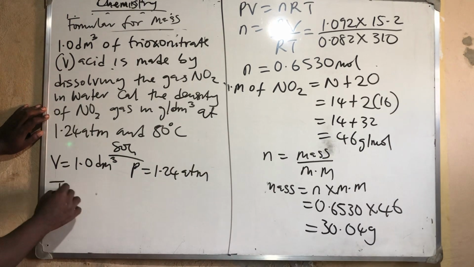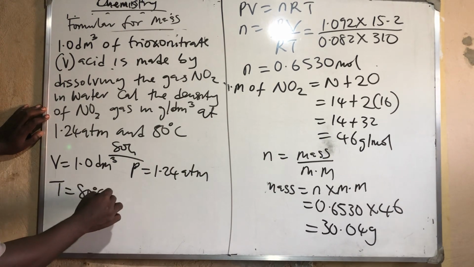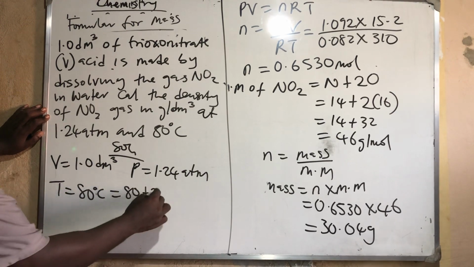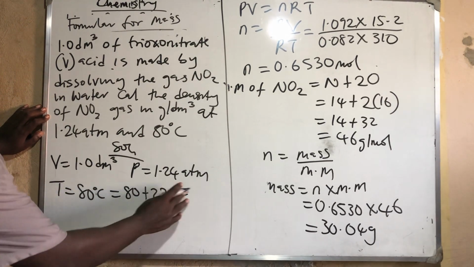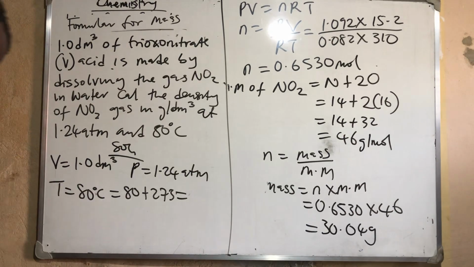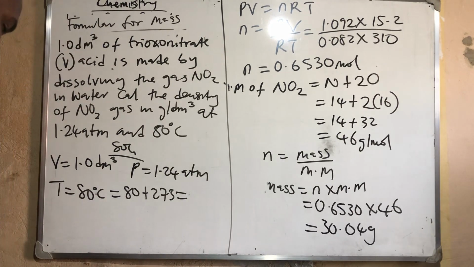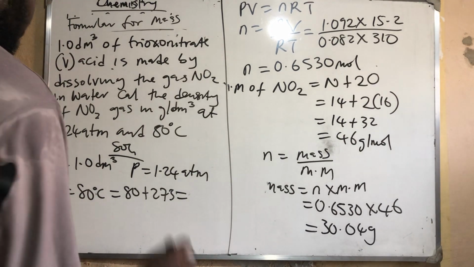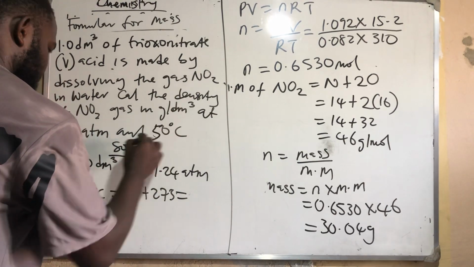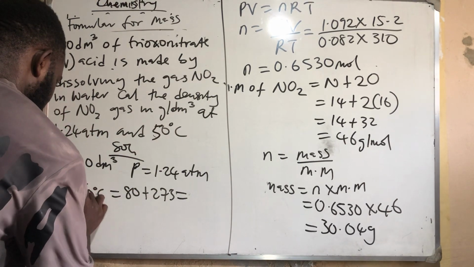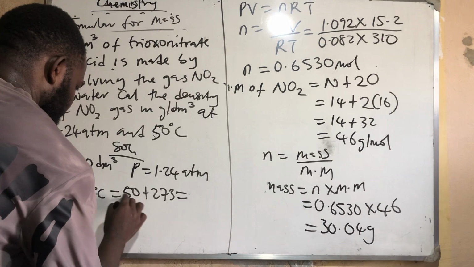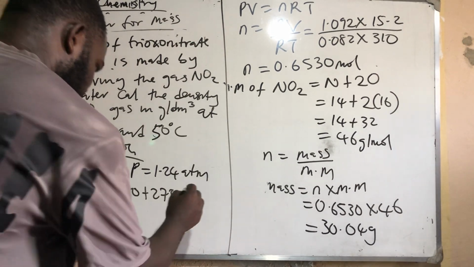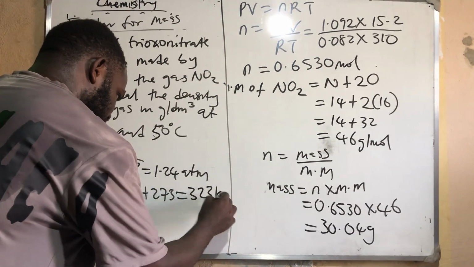They gave us temperature, which is 50 degrees Celsius. So 50 plus 273 will give you 323 Kelvin.